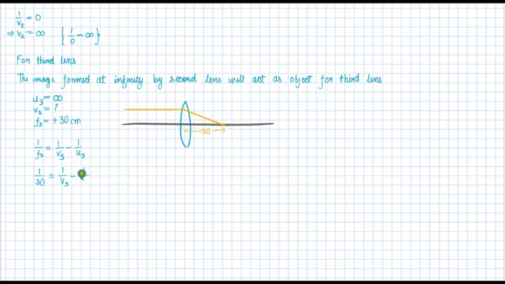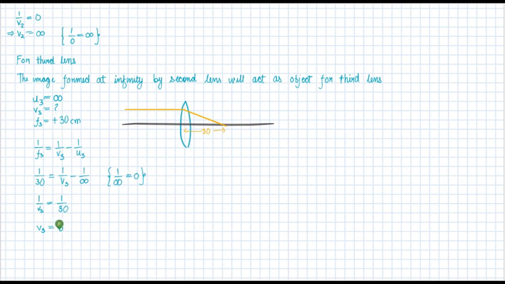Now note, 1 upon infinity equals 0, so this term can be ignored. So I have 1 upon v3 equals 1 by 30. Now I can take the reciprocal or do the cross multiplication. In that case, v3 equals 30 centimeter.